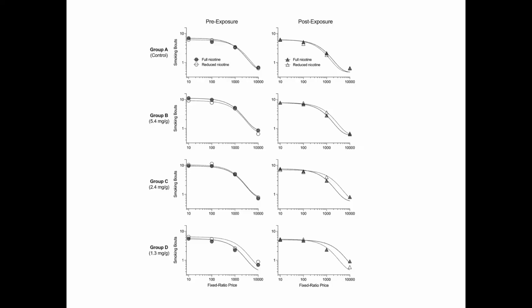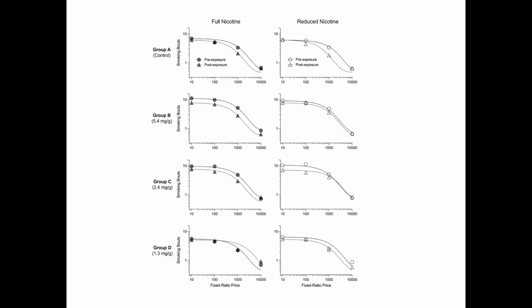The different rows show the different groups of subjects, and so different levels of reduced nicotine cigarettes. And within each panel, I'm showing you full nicotine cigarette demand versus reduced nicotine cigarette demand. And what I think you can see here is that we found no systematic or significant difference between full or reduced nicotine cigarette demand in any aspect of the demand curve.